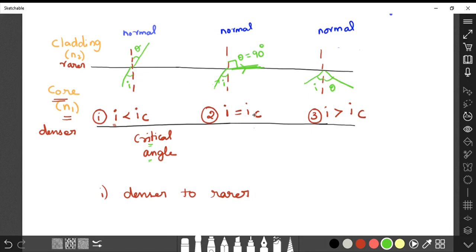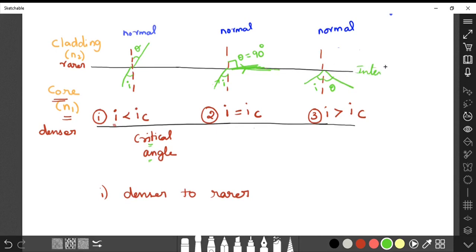The next condition is I equal to IC. That is, the angle of incidence is equal to critical angle. How can we define this as the critical angle? Because now this light ray is not going to the second medium, it traverses along the interface. Listen carefully. This is the interface between core and the cladding.